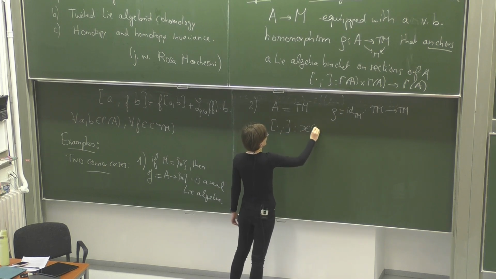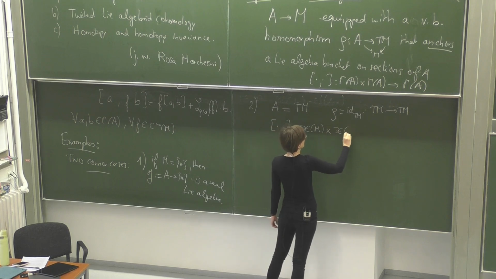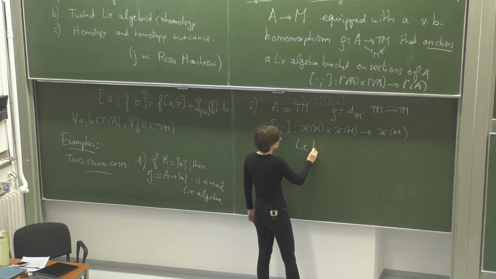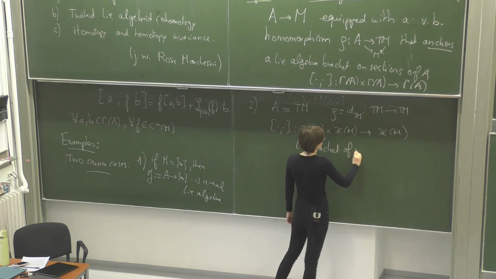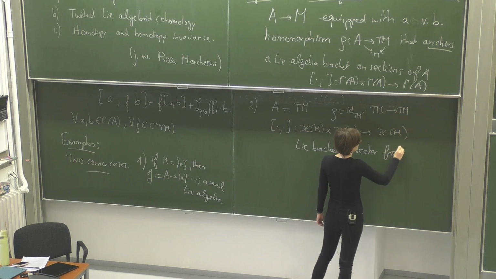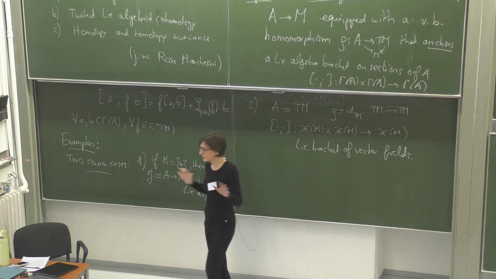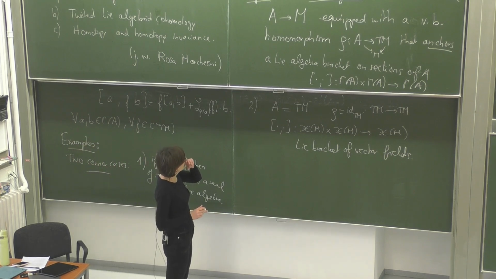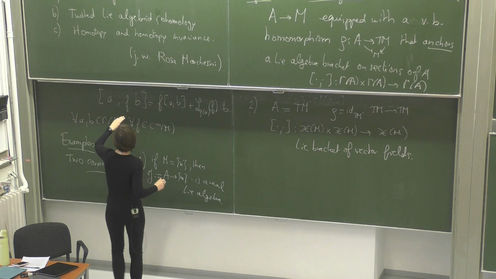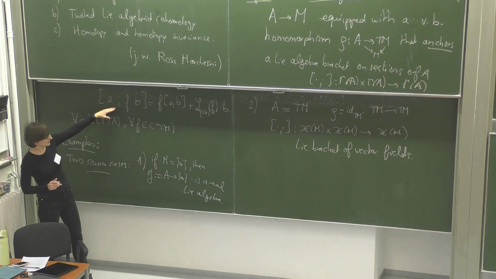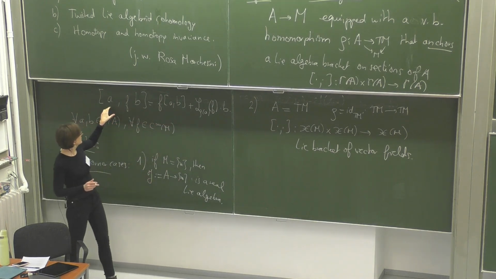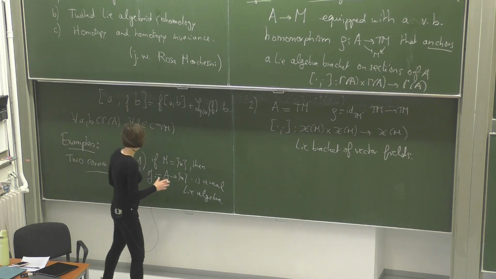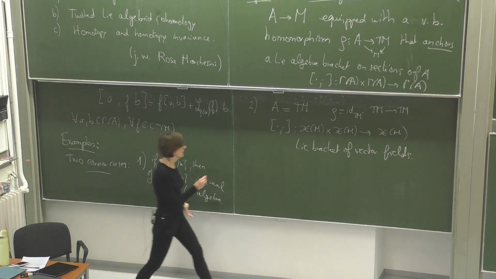Your bracket is just the Lie bracket of vector fields. So that's the second extreme case, the prototype of a Lie algebroid. If you look at this, you will recognize it. In that case, the Leibniz identity is just the usual one for vector fields, right? So this is really the model, but both cases are, in a sense, models for Lie algebroids.